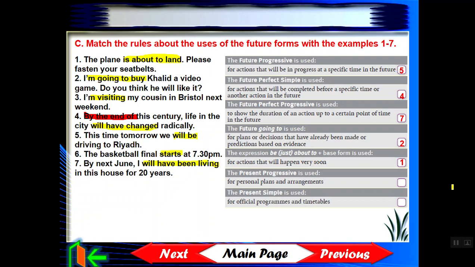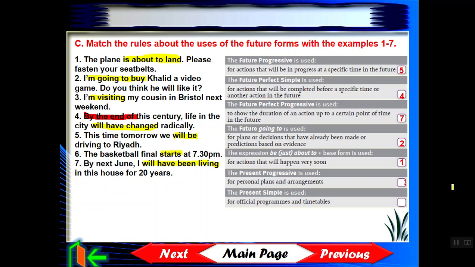Okay, the next tense is the present progressive. المضارع المستمر is used for personal plans and arrangements. Okay, here personal plans and arrangements. In this tense, so that you don't confuse it with the future going to, you need to say the place and the time and the people you are going to do these plans and arrangements with.